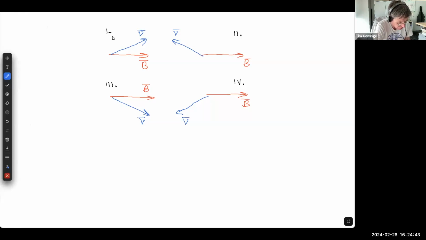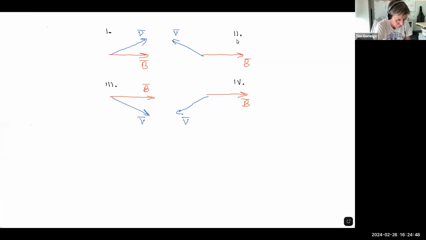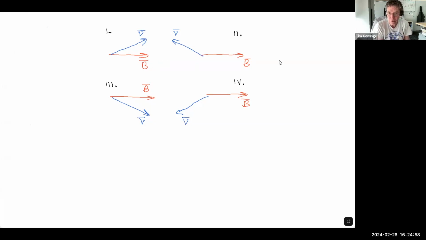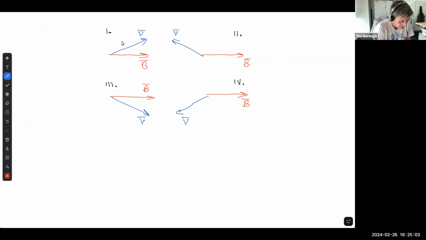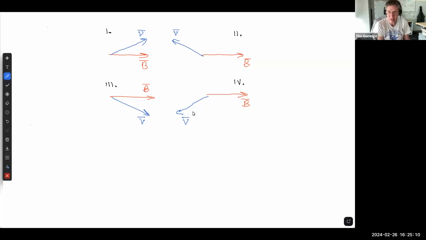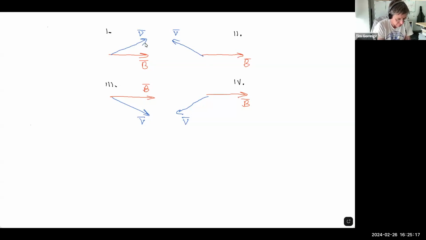So I've got four sketches, one and two in the top row, and then 3 and 4 in the bottom row. In each case, I've got a magnetic field that's from left to right, and I'm imagining these are the same magnetic fields. In the four cases, I've got four velocity vectors. I'm imagining they're the same speeds, the same magnitudes, but different directions with respect to the magnetic field.